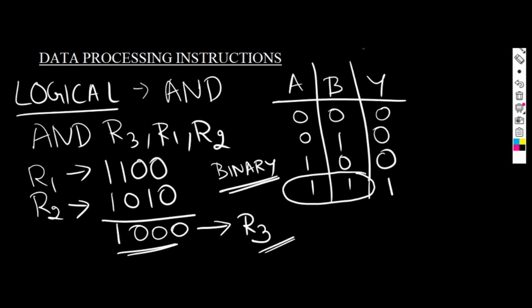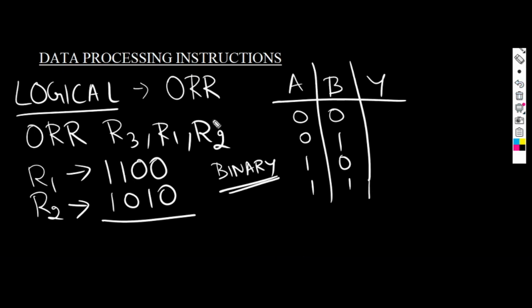What if we consider OR gate? So here we have logical OR operation. Only if both the inputs are 0, output will be 0. If any one input, maybe A or maybe B, is 1, then in that particular case output will be 1. A and B here correspond to any of the inputs.